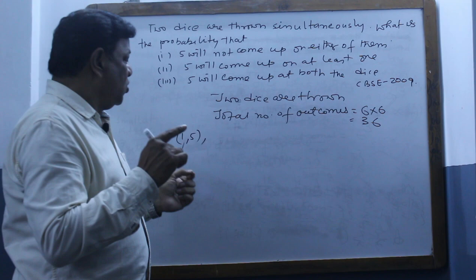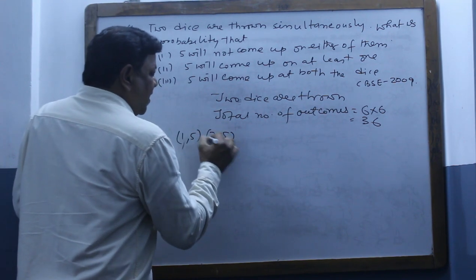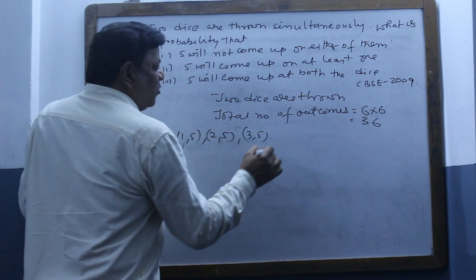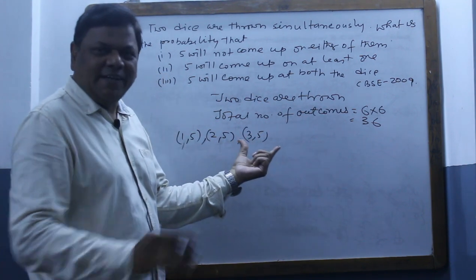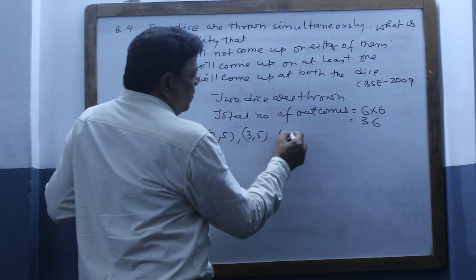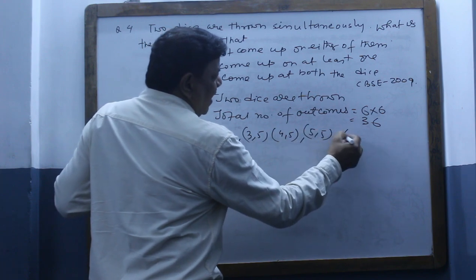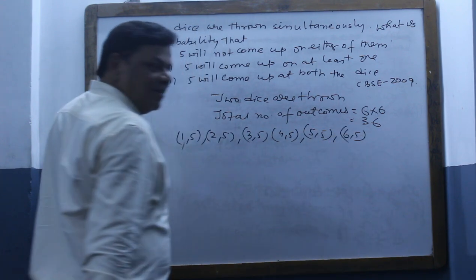Then you think, next 2,5 is also there. Yes, 2,5 is there. Then 3,5 is also there, because I will focus only on 5. Other numbers I have not considered. So 3,5; 4,5; 5,5; then 6,5. Clear?